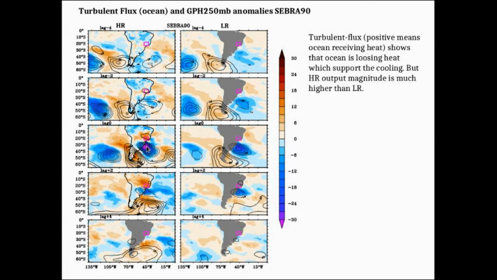Here the observation is Reynolds SST, and the atmospheric components are from the ERA dataset, whereas high resolution and low resolution are capturing this geopotential height pattern well. In both models, this teleconnection pattern is pretty good.